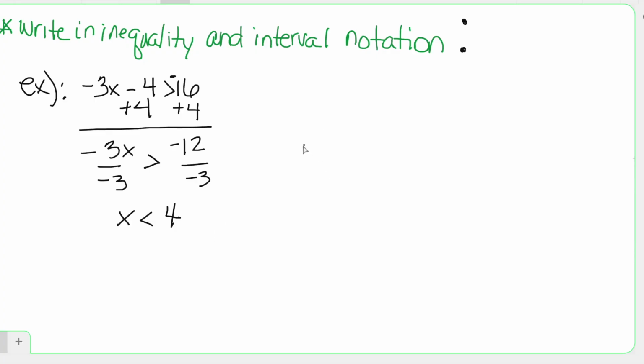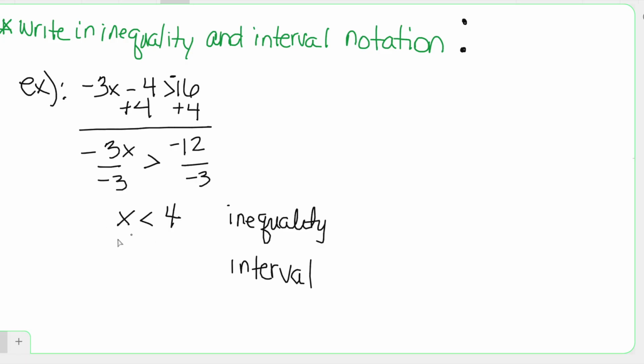Next, this is already written in inequality notation, so let's write it in interval notation. Interval notation means that you're dealing with parentheses and brackets and infinity and negative infinity symbols.